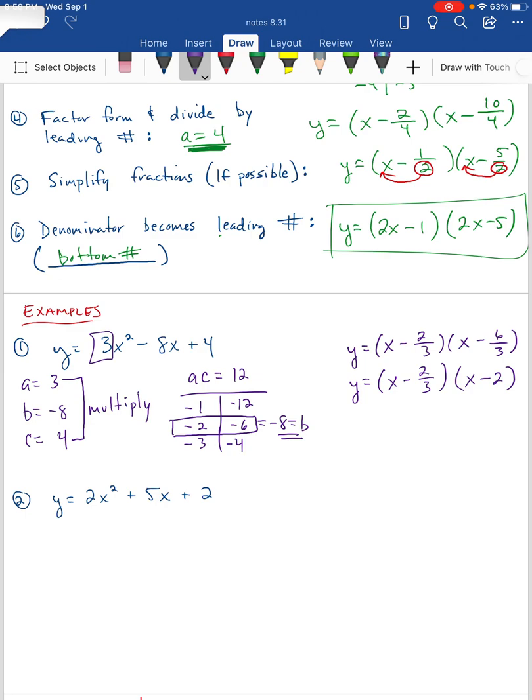The first one is still a fraction, though, so I need to make that denominator and move it as my leading coefficient, my leading number, in front of that parentheses, in front of that x. So I have y equal to 3x minus 2 times x minus 2 as my final answer. I'm done.